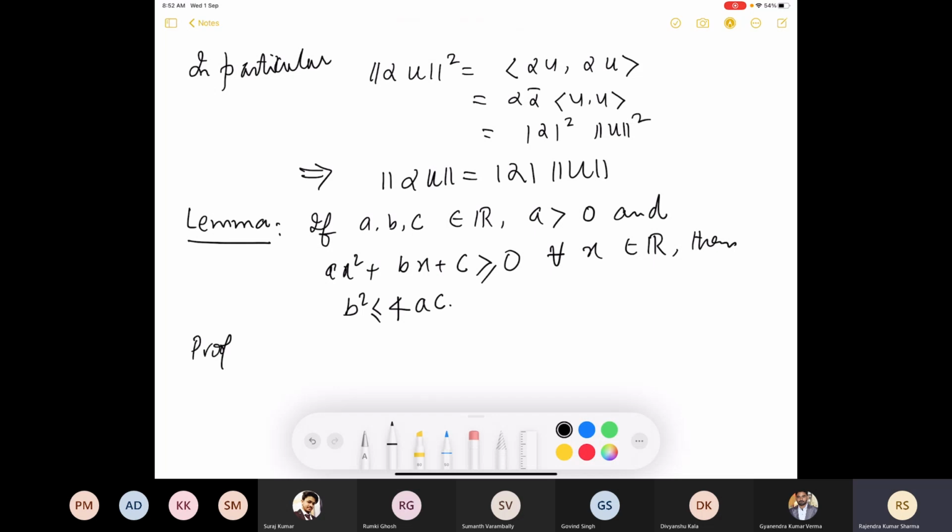The proof is simple. The way you obtain the formula for the roots of the quadratic equation a x square plus b x plus c equal to 0, that is by making perfect squares.